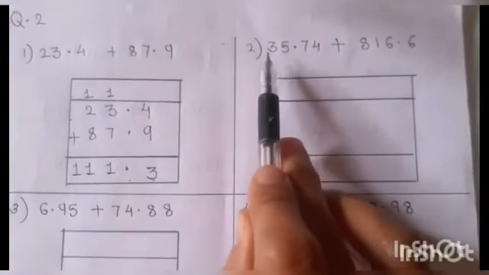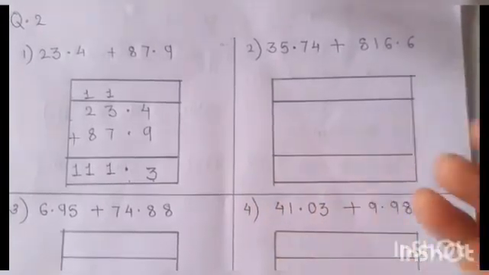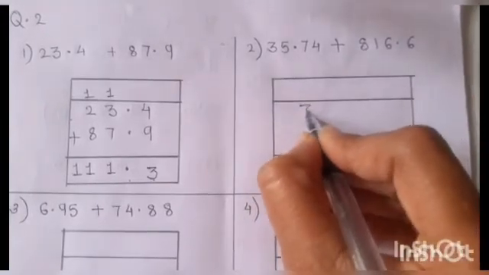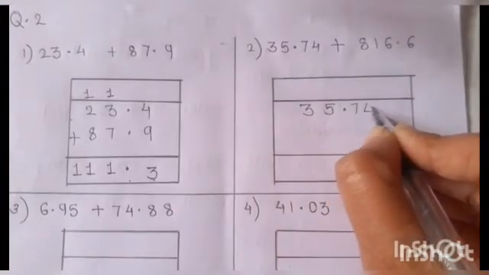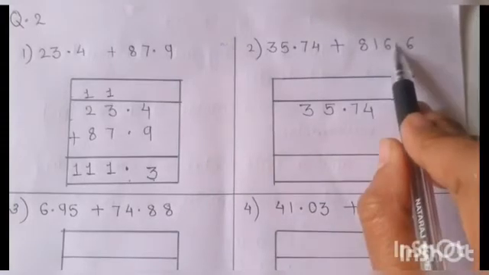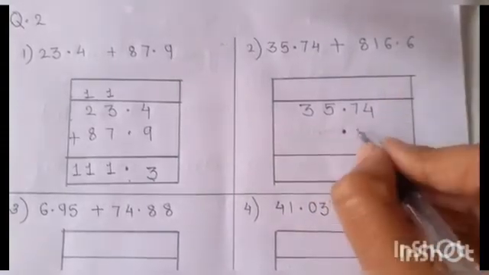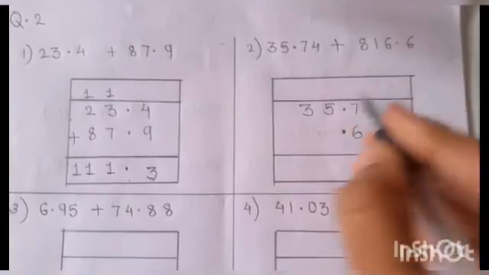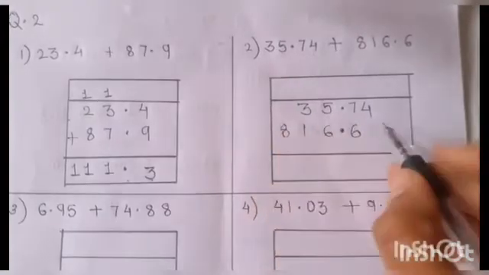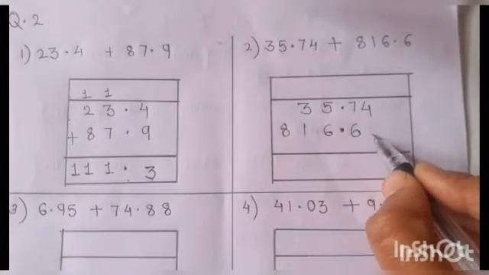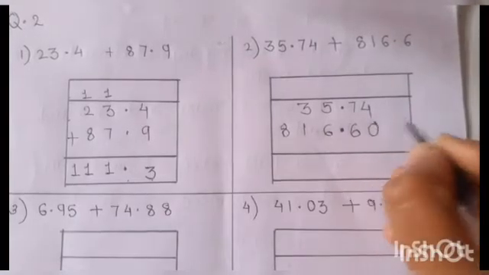Now the second is 35.74 plus 816.6. Now point under point. Remember, if there is no digit, you will write 0 there, so 816.60.